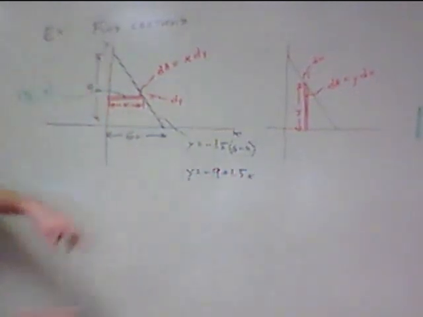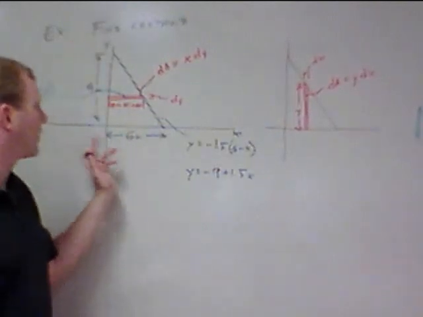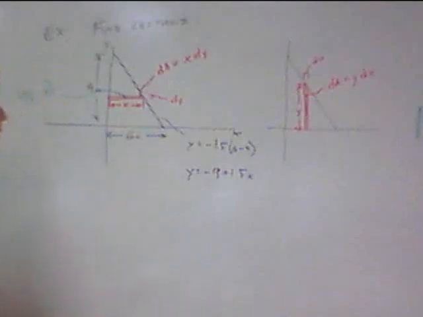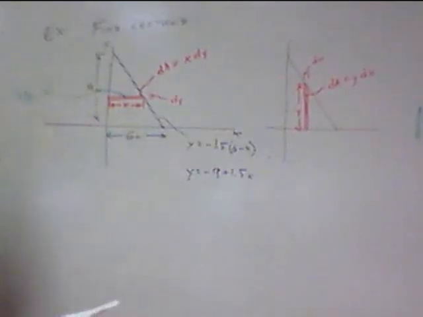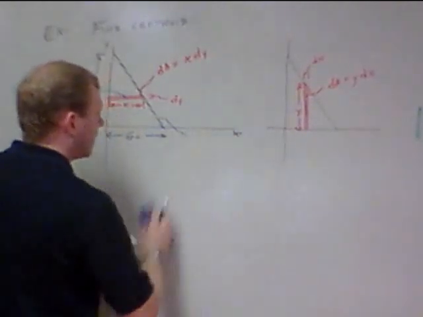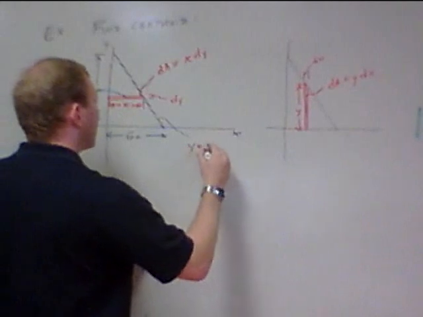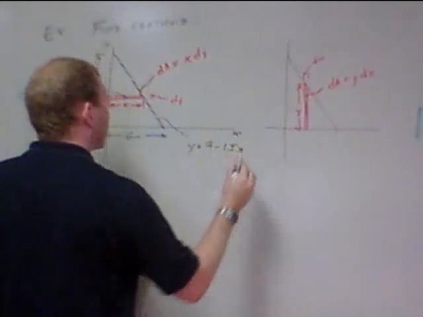Check your values here. At x equals 0, we get positive 9. At x equals 6, we get 0. That looks good. And that is a line going through those 2 points. Easy enough. All right. So y equals 9 minus 1.5x.